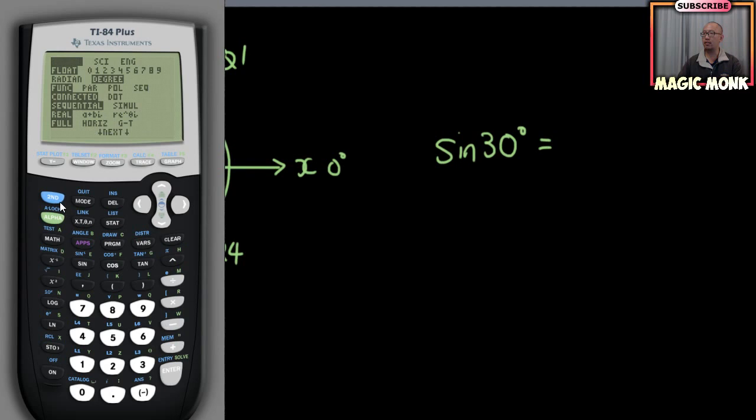Yep, it's already on degrees. So if you put in sine 30, you get 0.5. I know this probably doesn't look like 30 degrees, so I'm just going to change it a bit so it looks more like 30 degrees.